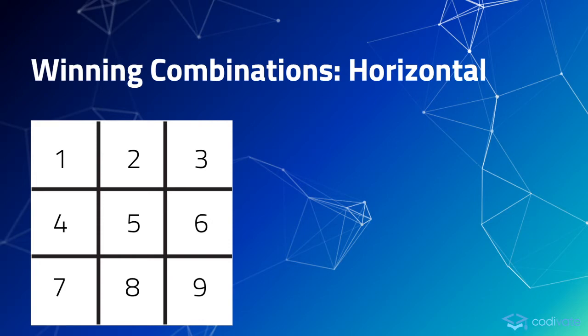The first possible series of win combinations we have are horizontal winning combinations. If a player gets 3 X's or O's in a row horizontally. So we know that the keys in our dictionary represent each part of the board with these numbers. Well, technically strings, but we're just going to think of them as numbers.